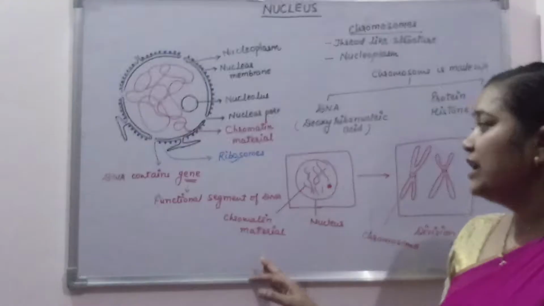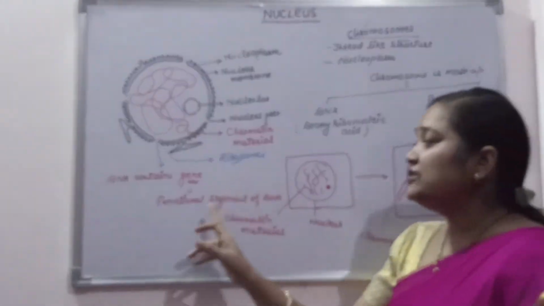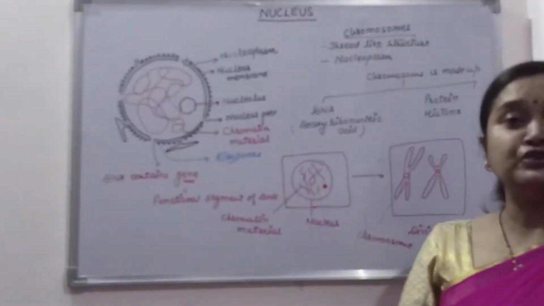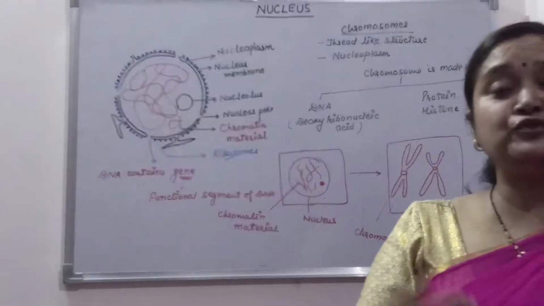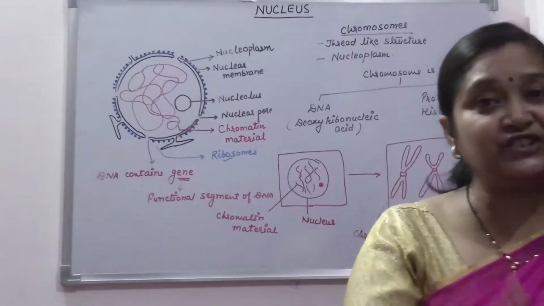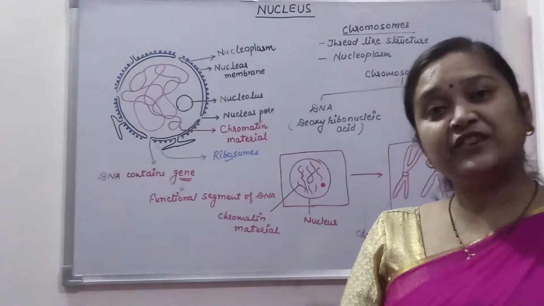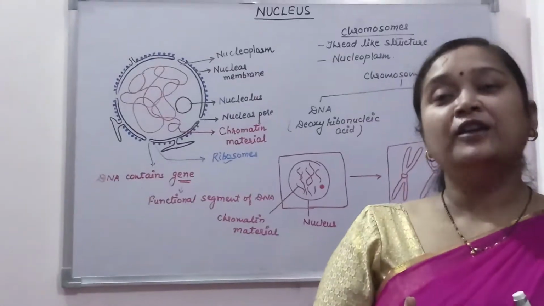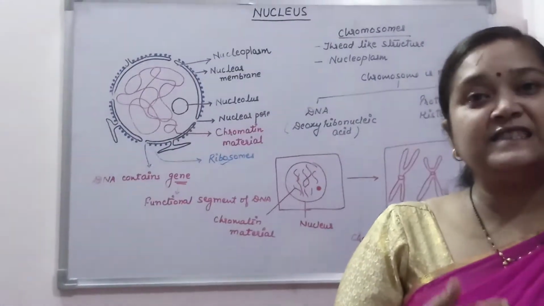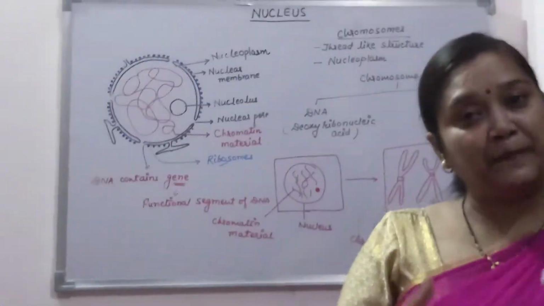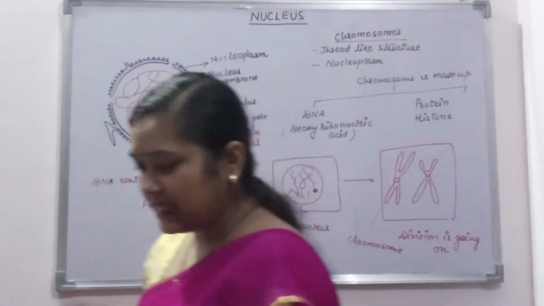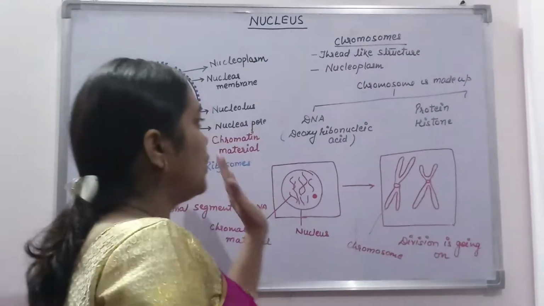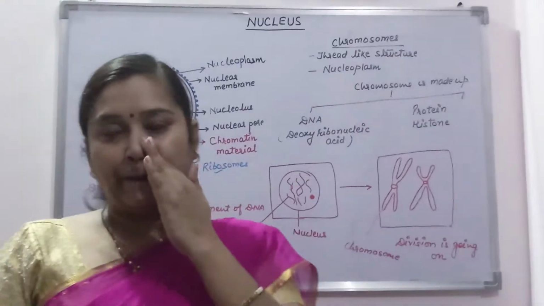So we can say that gene is the functional segment of DNA, or it is the unit of inheritance that helps to transfer the characters from one generation to another generation. And in this way the child that is born is more or less similar to the parent. Okay, so student, this is all about the nucleus.